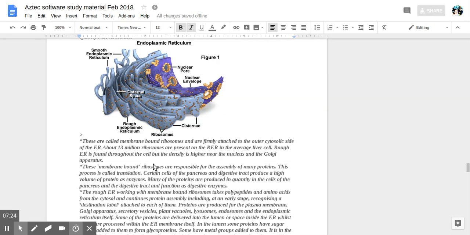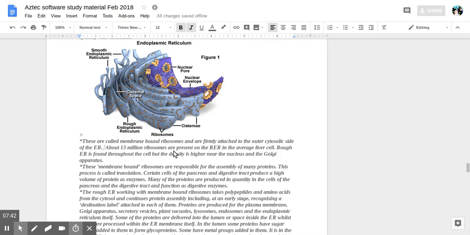Membrane-bound ribosomes are firmly attached to the outer cytosolic side of the ER. About 13 million ribosomes are present in the rough endoplasmic reticulum in the average liver cell, for example.